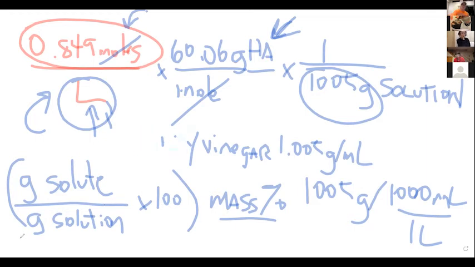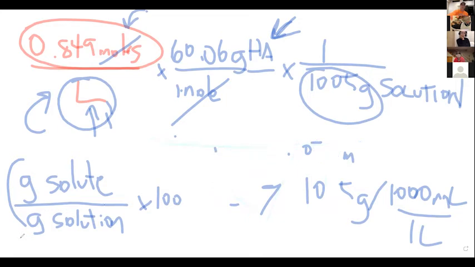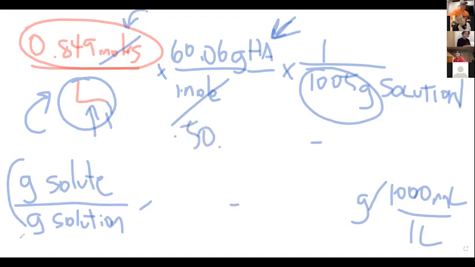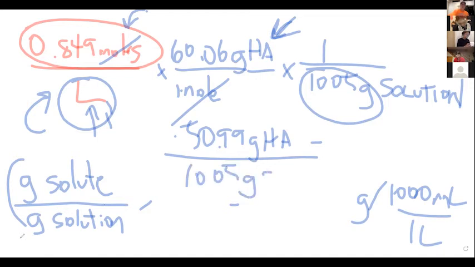So I just do the calculation. It is 0.849 times 60.06. So that's 50.99 grams of acetic acid divided by 1,005 grams of solution.